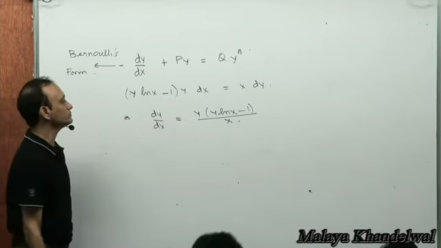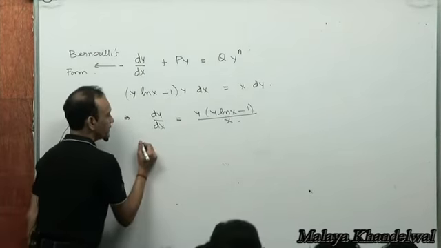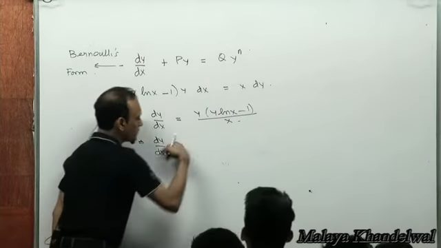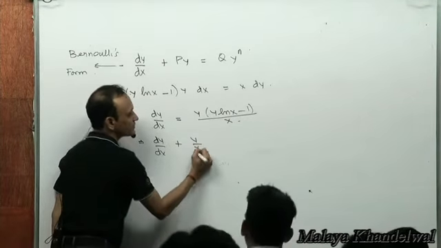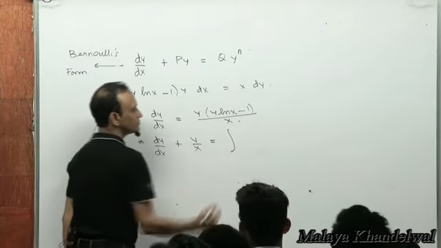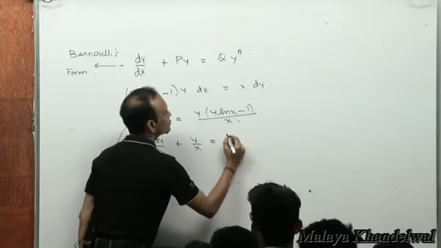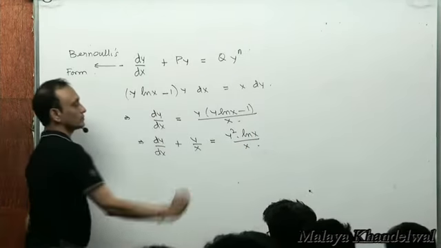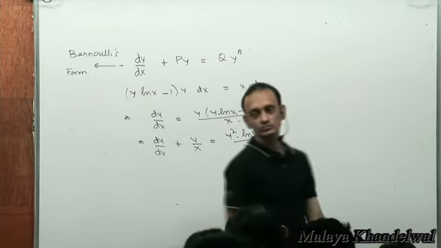And then I could rewrite this as dy dx, this minus y by x I transpose on the left hand side, dy dx minus y by x equal to y squared log x by x. Yes or no?